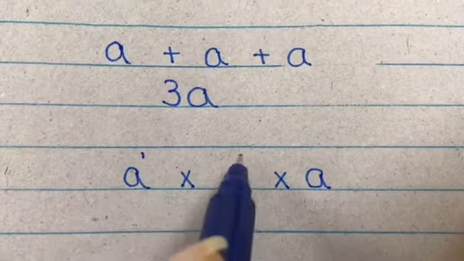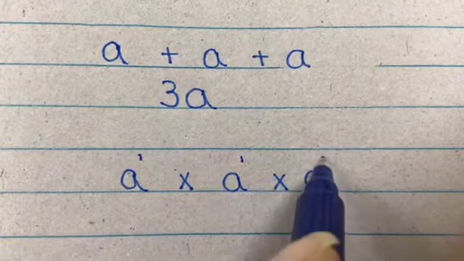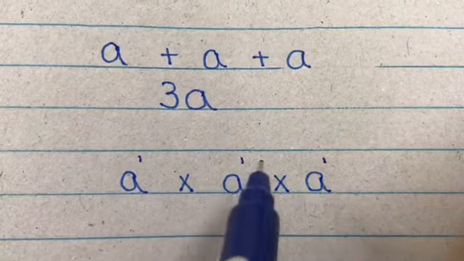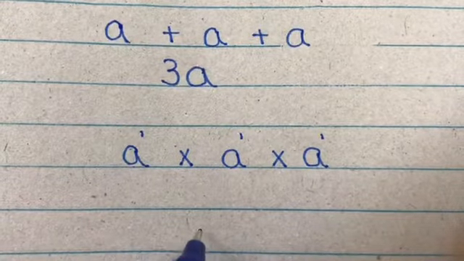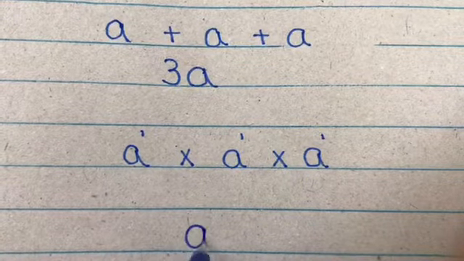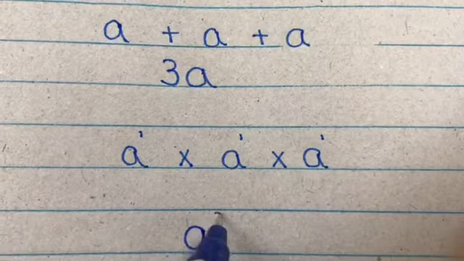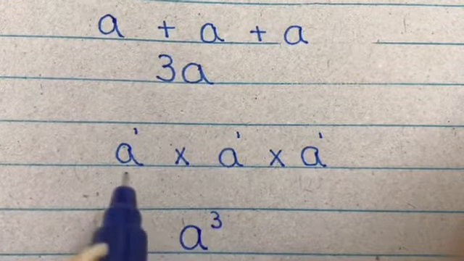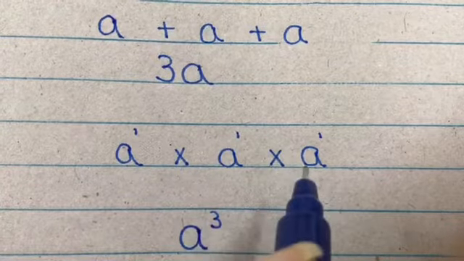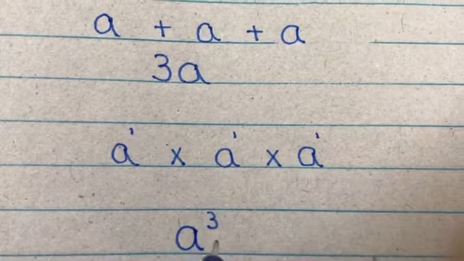If there's no power, it means there's a power of 1, and we are going to add up all the powers. How many A's are there? Over here, it's A cubed. A cubed means A multiplied by A multiplied by A. A is being multiplied 3 times.